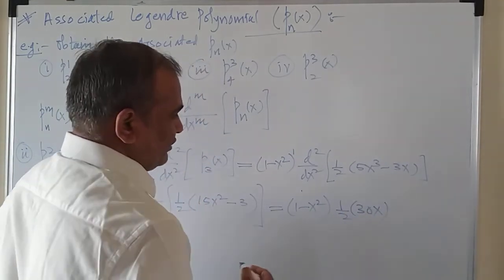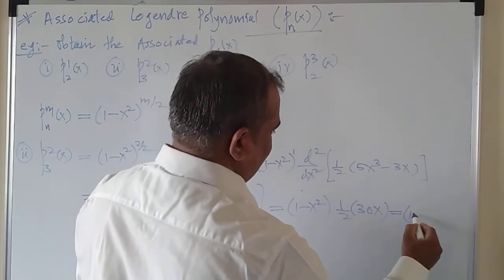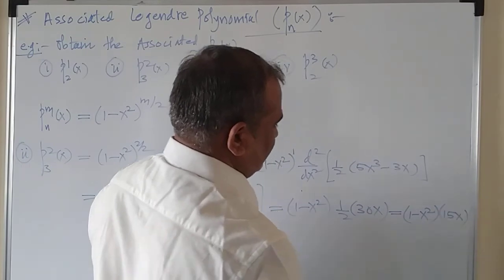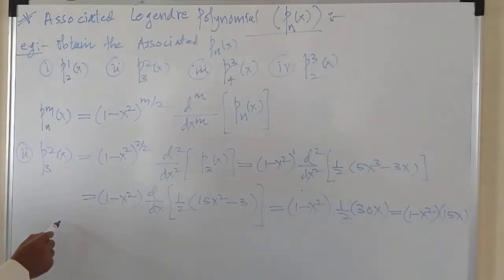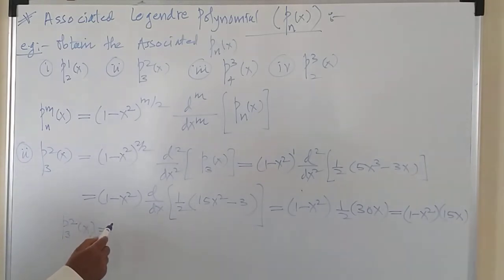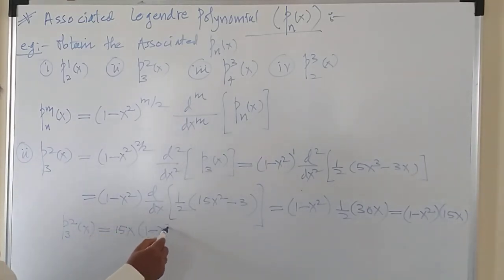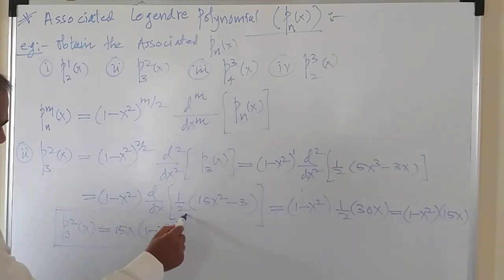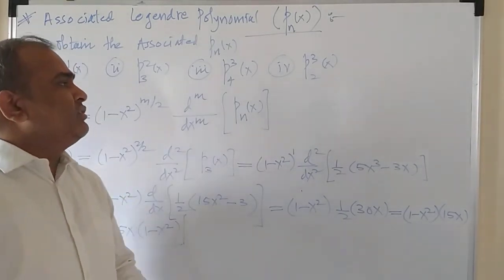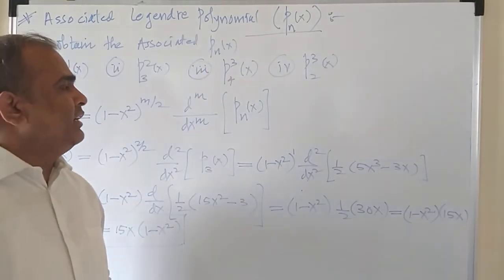This will be 15x, and thus finally this gives me 1 minus x square into 15x. Therefore the value of P32 of x is equal to 15x into 1 minus x square. In this way you can obtain the next values of the Legendre polynomial.